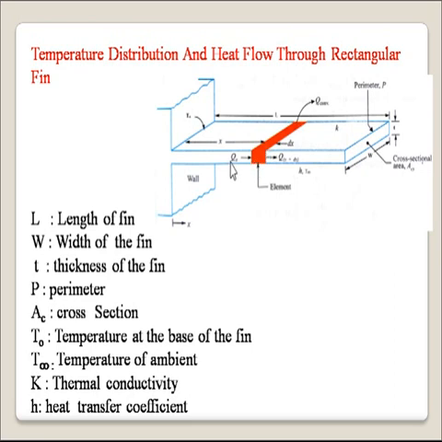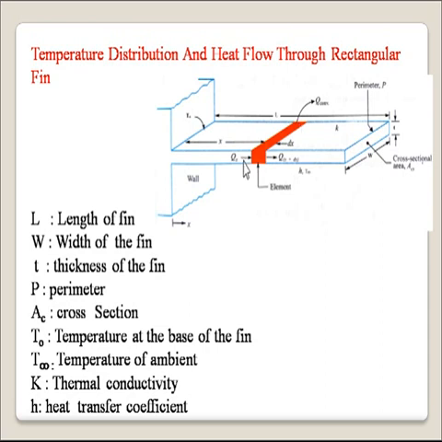The heat conducted in the element is qx, heat conducted out is qx plus dx, and heat convected out is q convection from the element. In obtaining the equation, we will consider the energy balance for this element, which is shown by the red color.